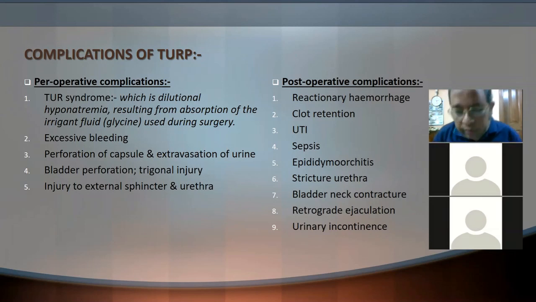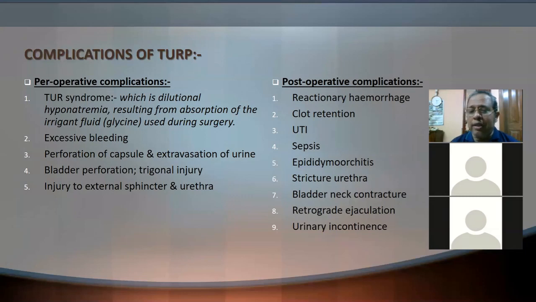Another important thing is, whenever TURP is done, the irrigation is given from about 2 to 3 feet height from the bottle. So there is a pressure effect of the fluid over the urethra.